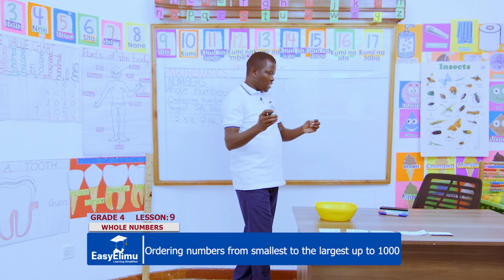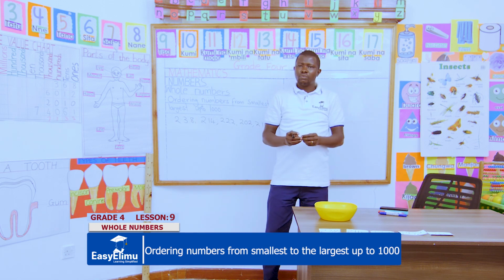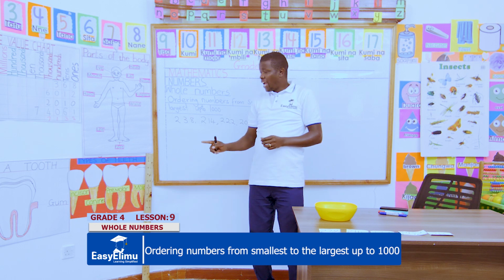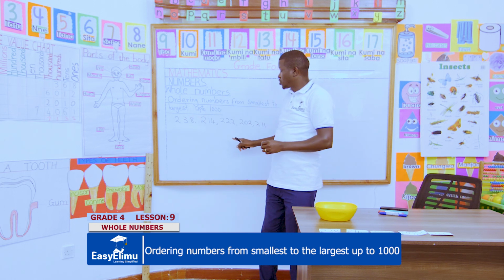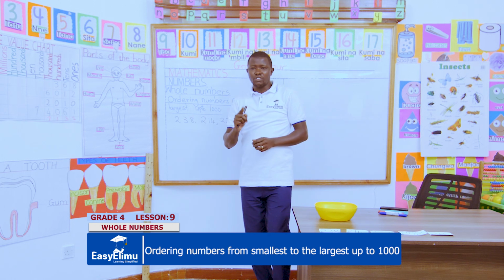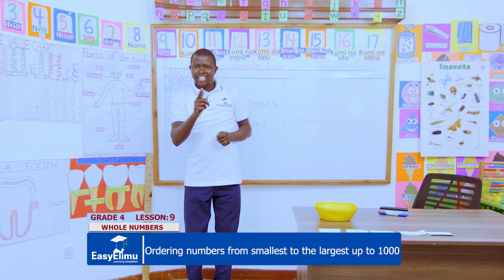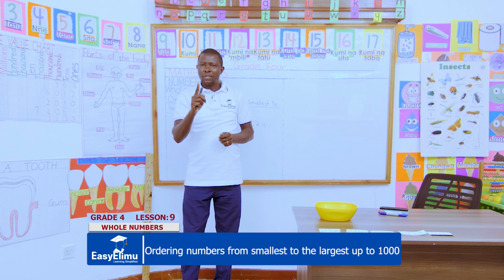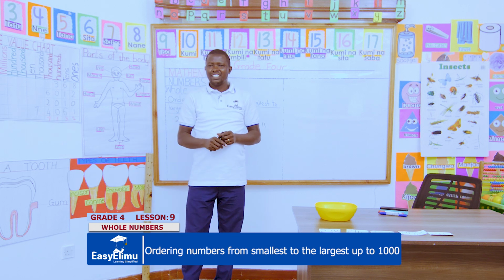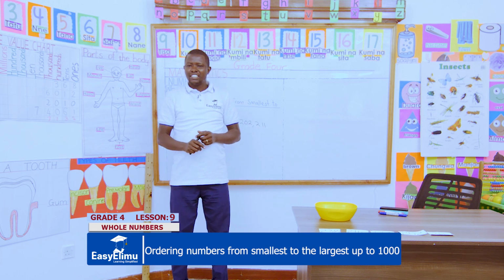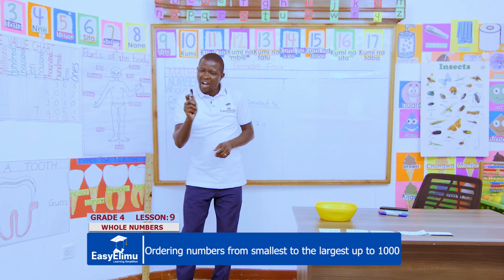How will we work in coordination to put these numbers in order? Before we plan, I have a question. John and your group, yesterday you went to pick mangoes from the tree, and there were no mangoes fallen on the ground. What did you do?